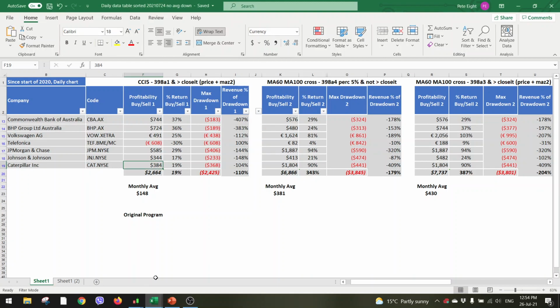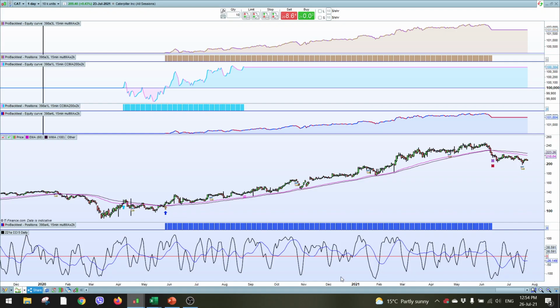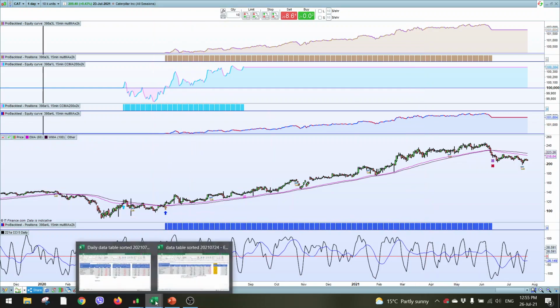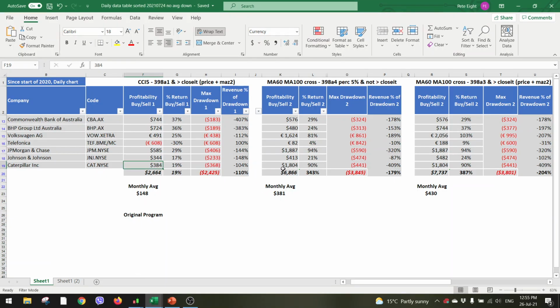If you go back to the daily breakdown, on the daily chart, that's what this is. It exited the CCI trade here when this CCI moving average broke below, and it generated $384 versus the others, which have generated $1,804 for both of those. Both of those have been consistent in their profitability, and that's shown here by these results.